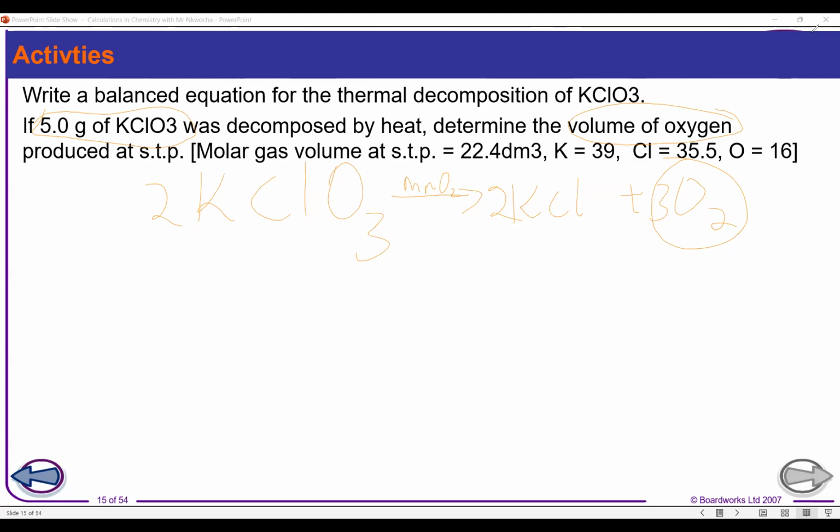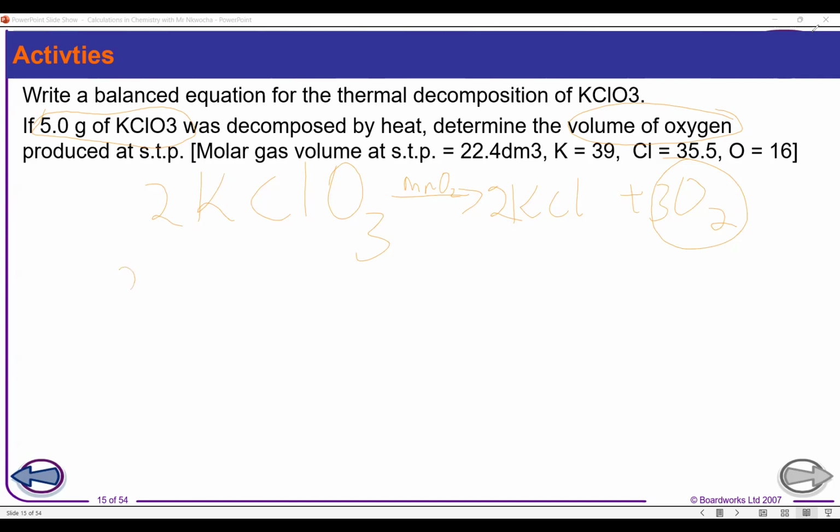This is so easy. So because of that, don't give up. Convert everything to mole and you are fine. That means convert this 5 gram to mole and convert the oxygen to mole and you are all good.